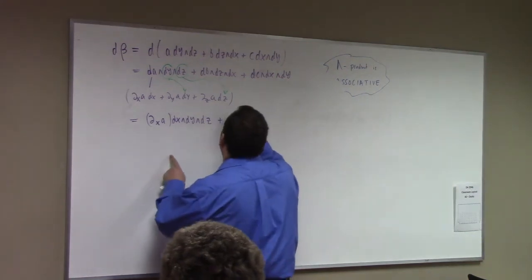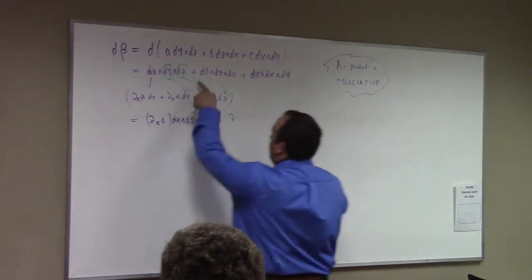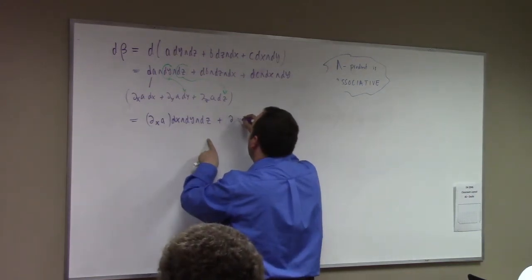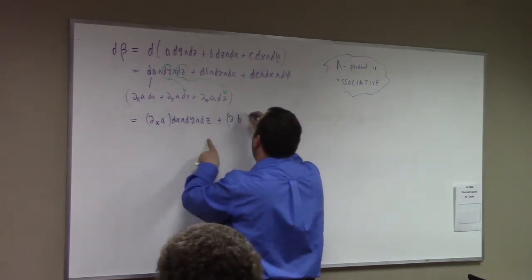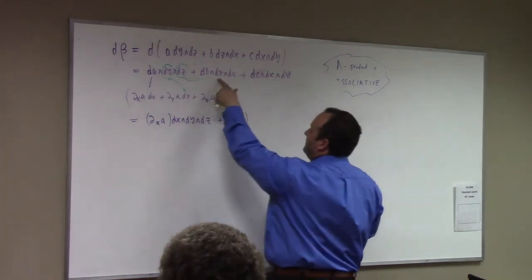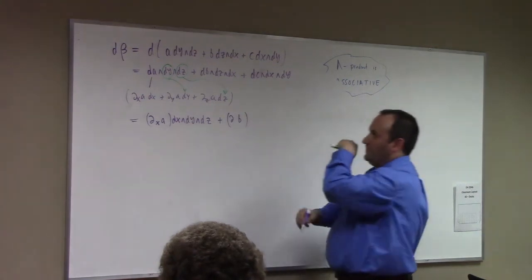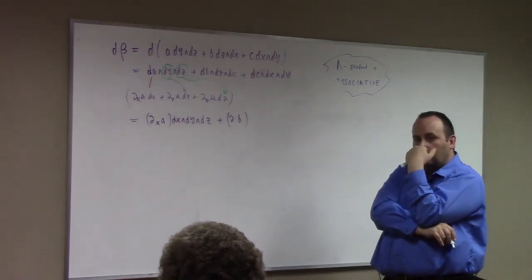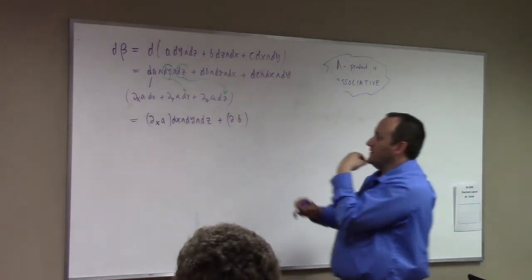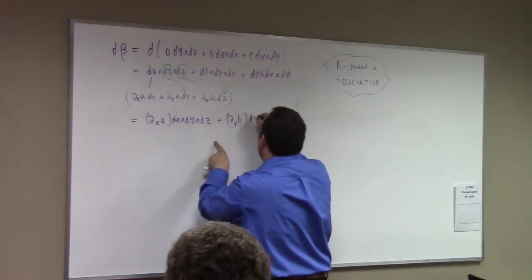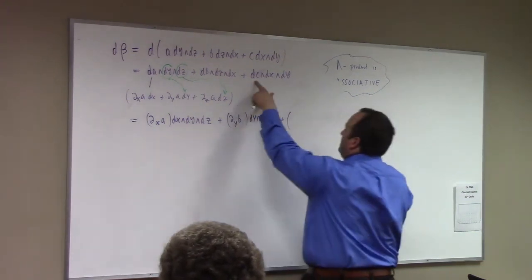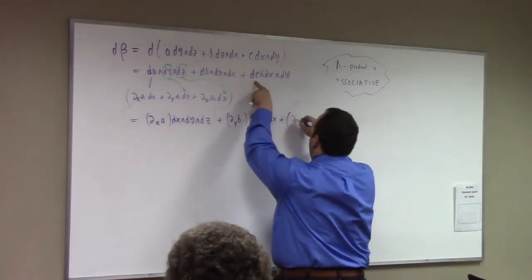For entirely similar reasons, this gives us partial what? What derivative survives? Partial derivative of what? Of B with respect to what variable? The y, yeah. So we got dy wedge dz wedge dx. And this one, the z, right?